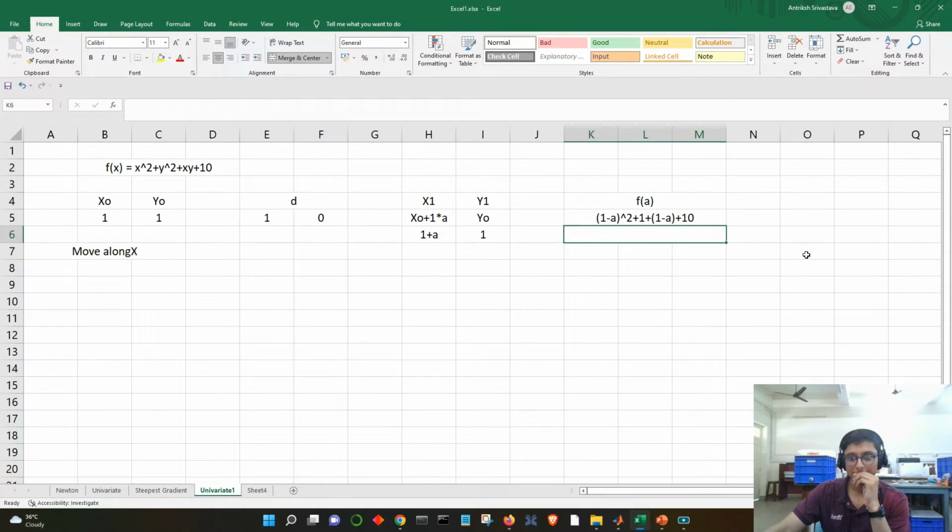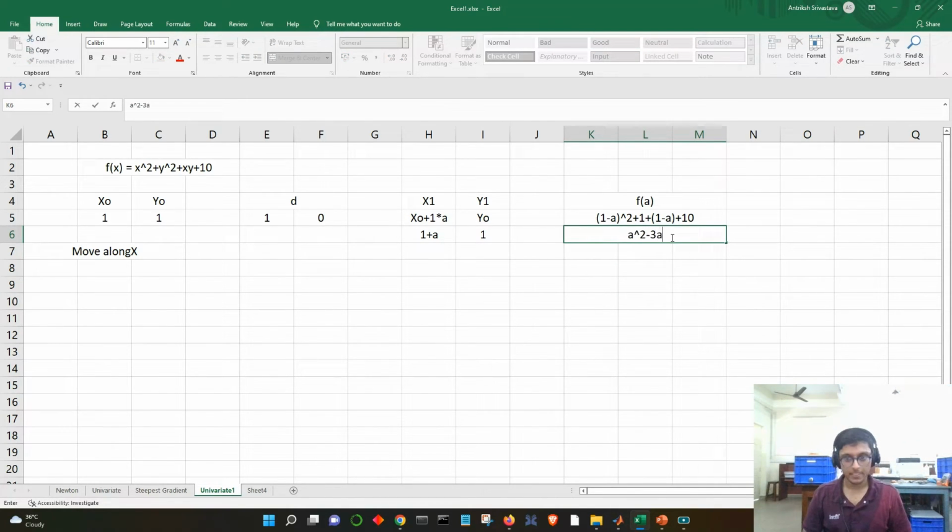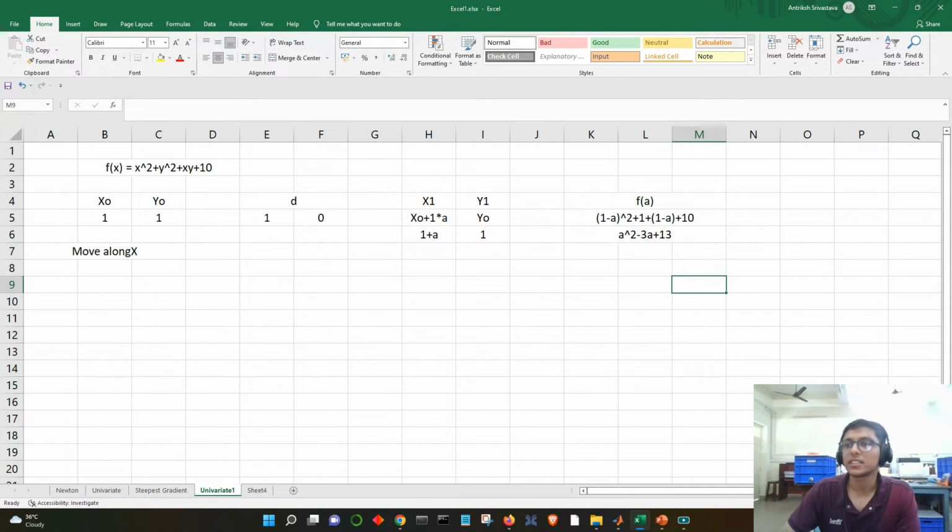A square minus 3a plus 13. Okay, it seems to be correct. Yeah, it is correct. So now we will use this to get the optimum value of a, so that f(a) is minimum.